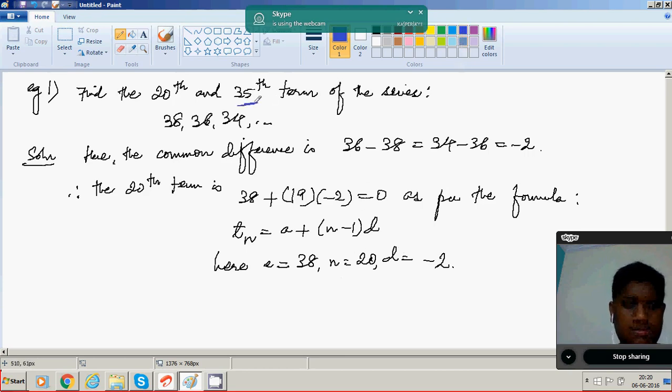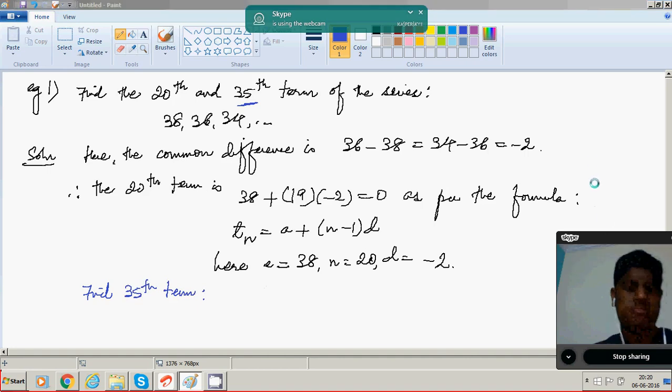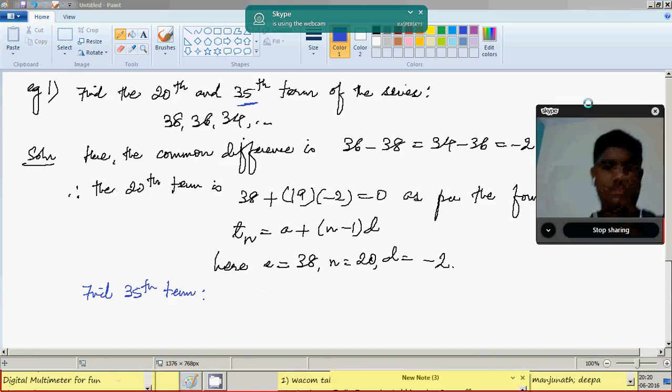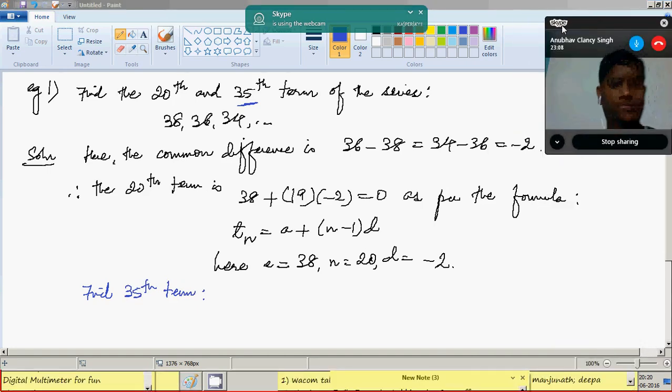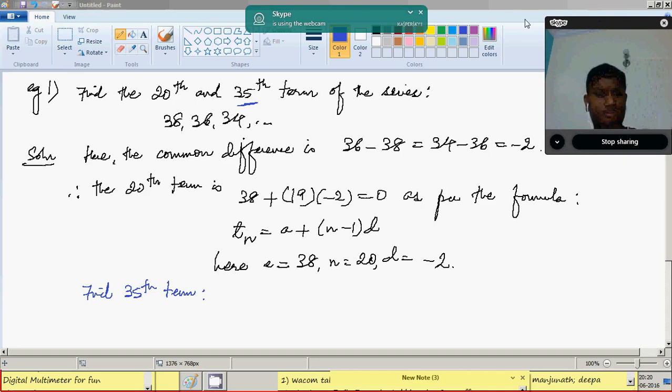Now a little pop quiz: find the 35th term. So I hope I will make it more interesting for you now. Now we reach the meat of the matter of JEE Foundation, JEE Mains, JEE Advanced mathematics.